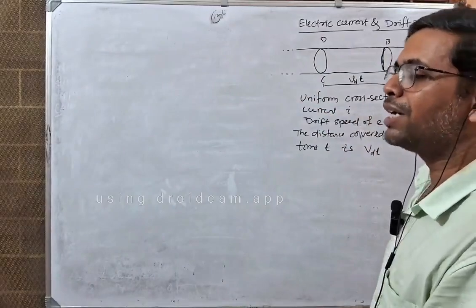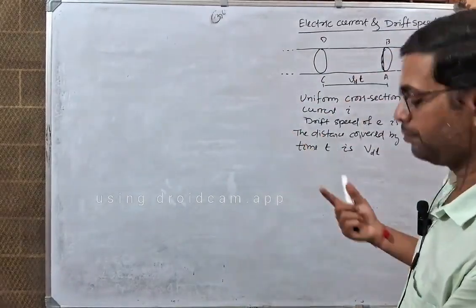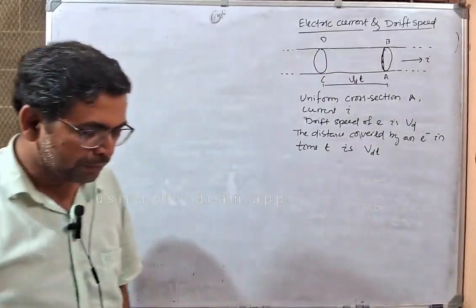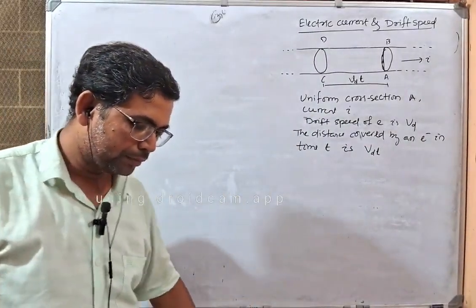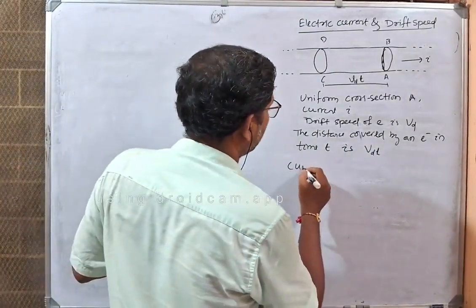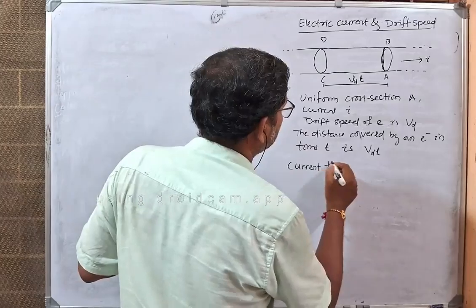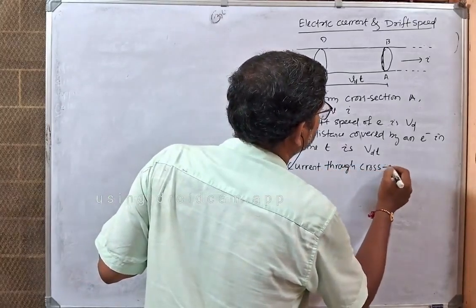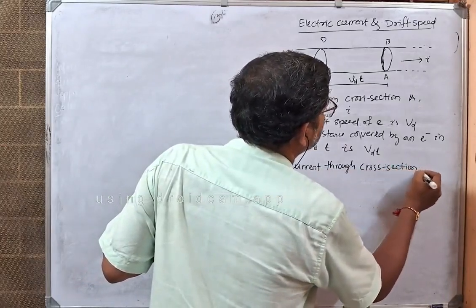So now calculate the current through CD. Let's find the current through the cross section CD.